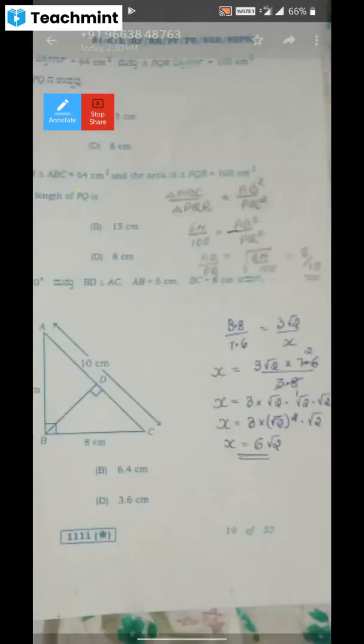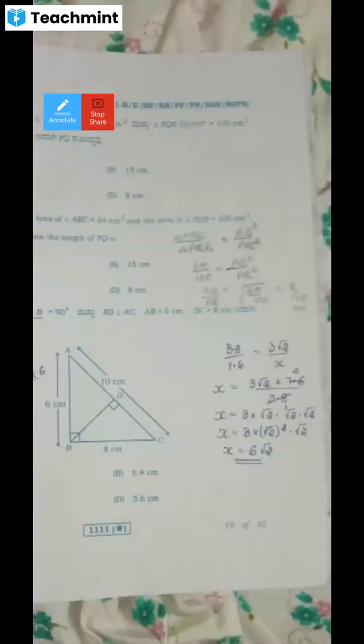Next is the 31st question. In triangle ABC, angle B is equal to 90 degrees and BD is perpendicular to AC. AB is given, that is 6 centimeter. BC is given, that is 8 centimeter.